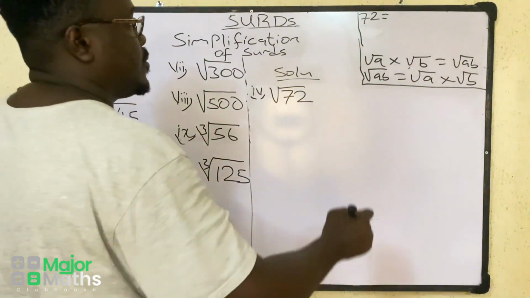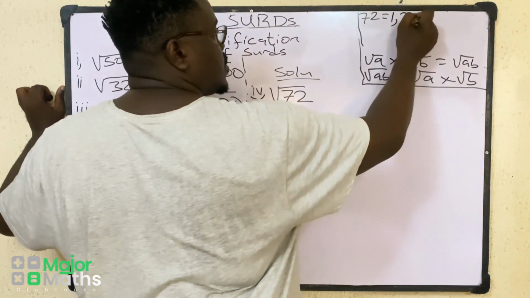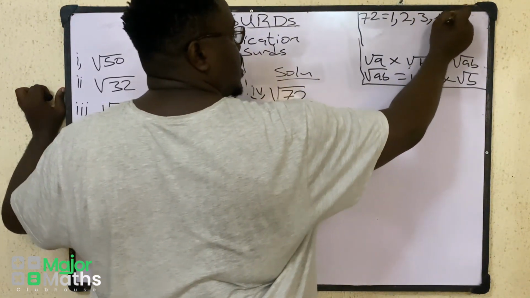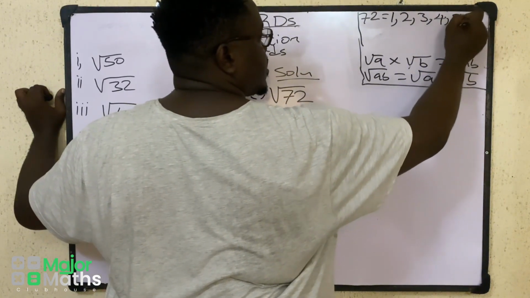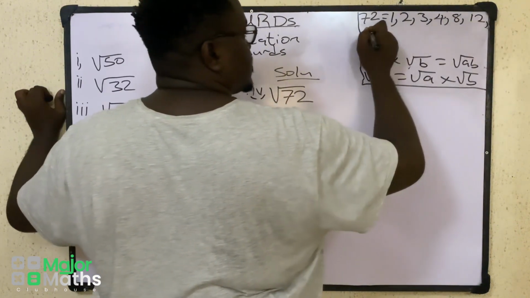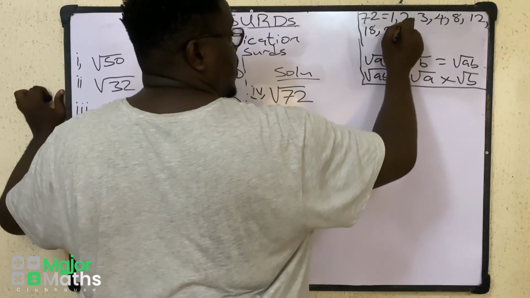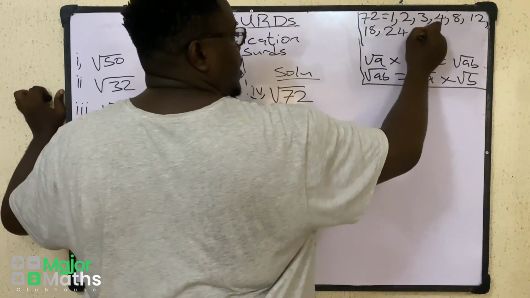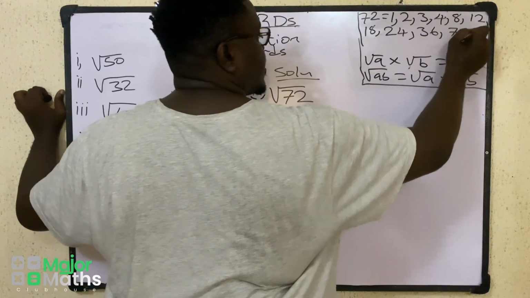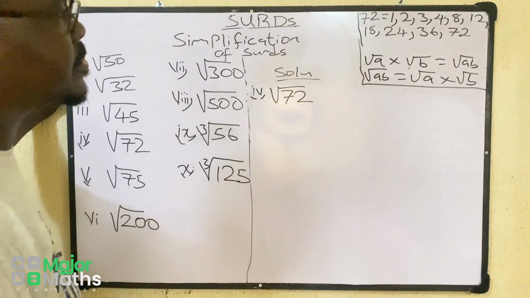So we have 1, 2, 3, 4, 8, 12, 18, 24, 36, and 72. Let's pray to God that I got all the factors properly.